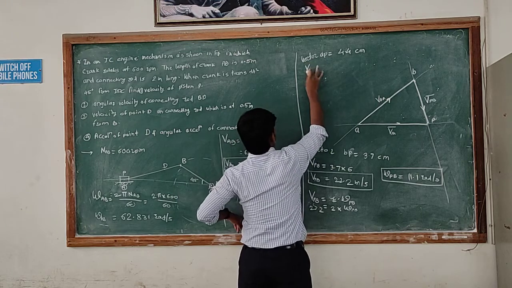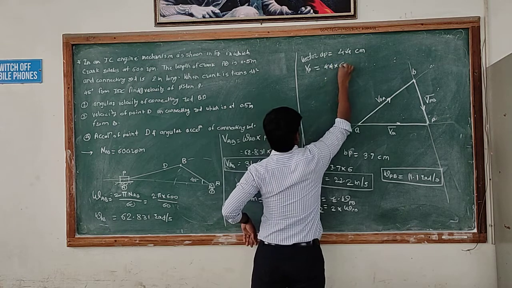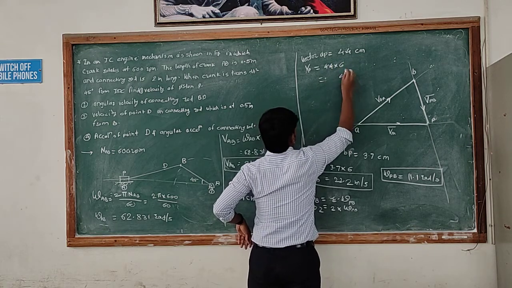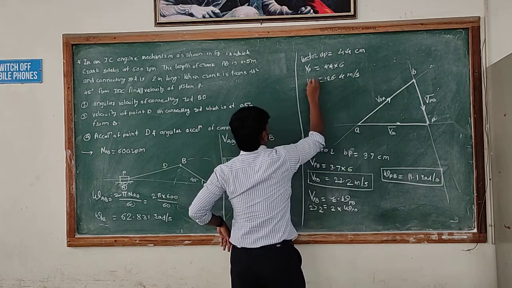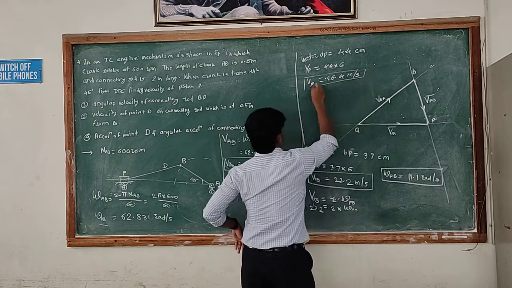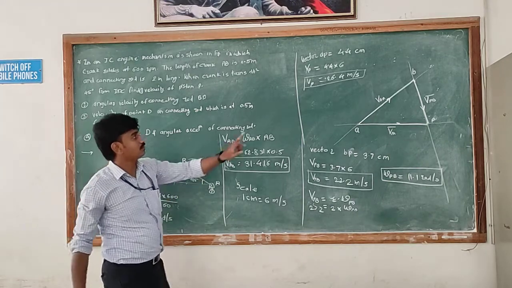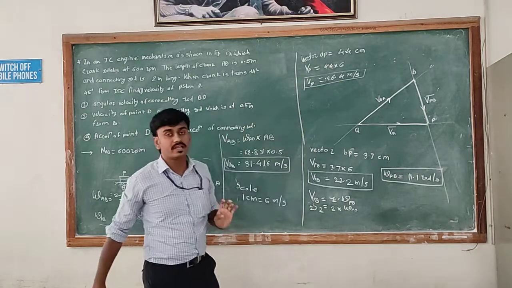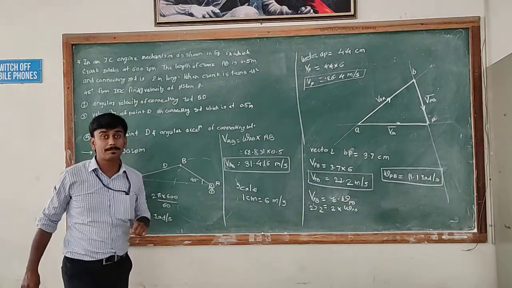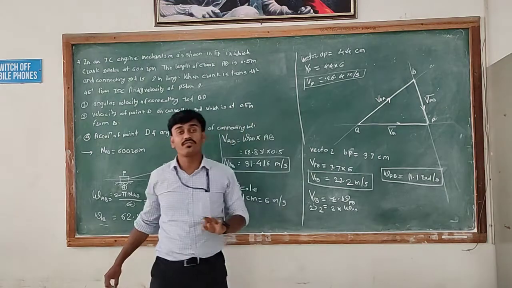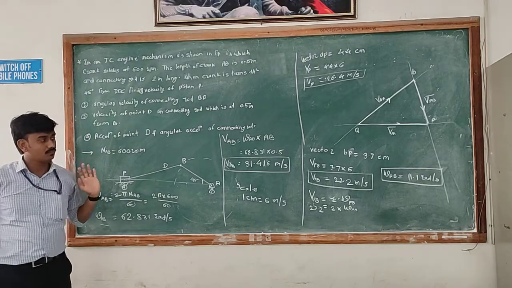So the velocity of the point P is 4.4 into 6, so the velocity of the piston is 26.4 meter per second. As they ask, the first one is to find the velocity of the piston.